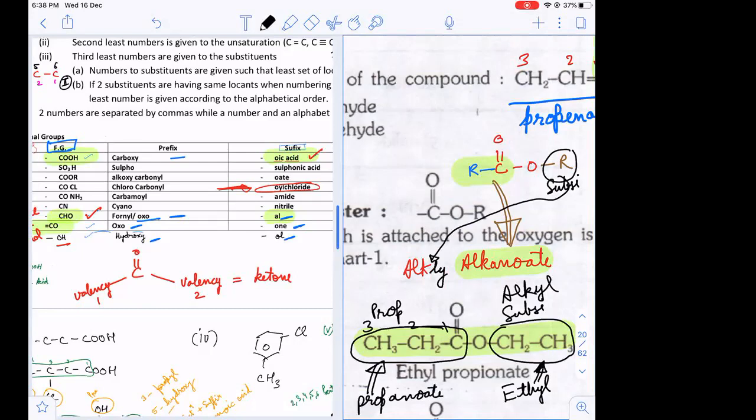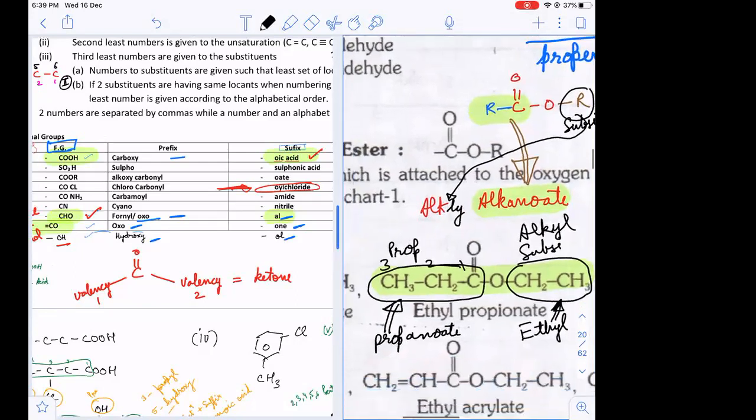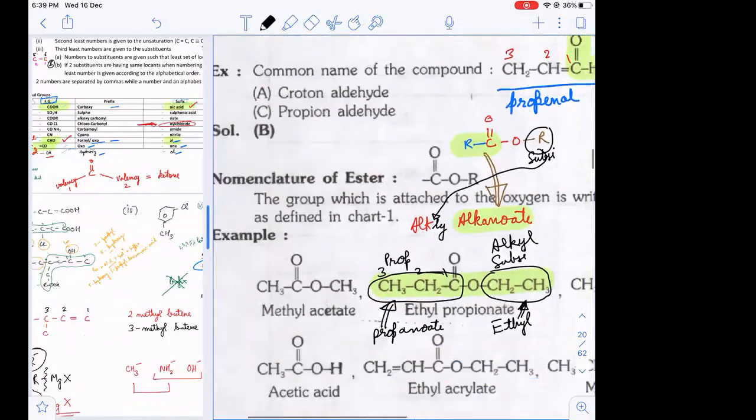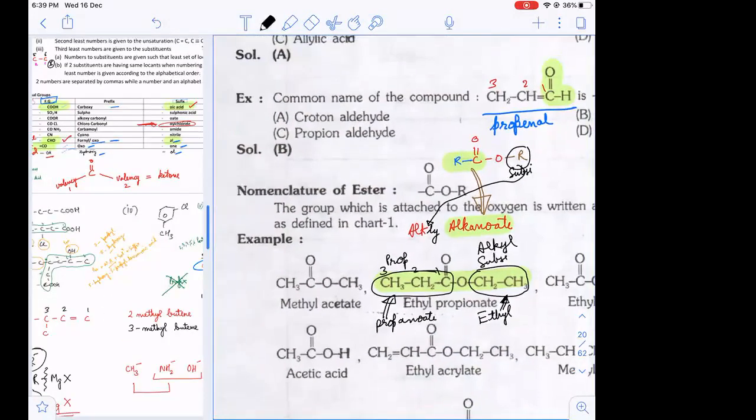So ethyl propanoate. This is the final name. A little twisted, but this is the name: ethyl propanoate.